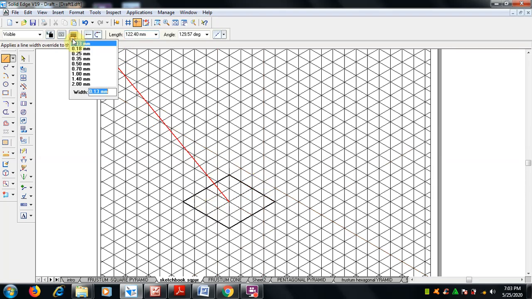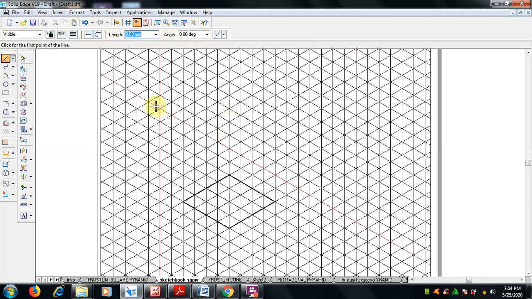Here I am going to draw vertically, that is the height of this pyramid, how much, 60. So 1, 2, 3, 4, 5, 6, 6 boxes. This is the intersection. Now here is where we have to draw the top.